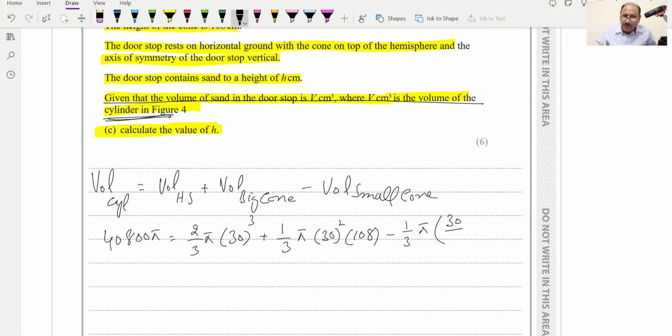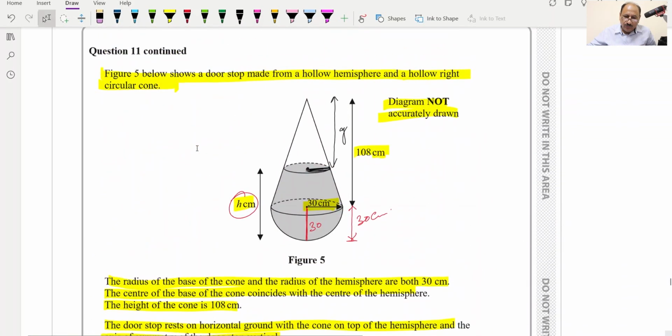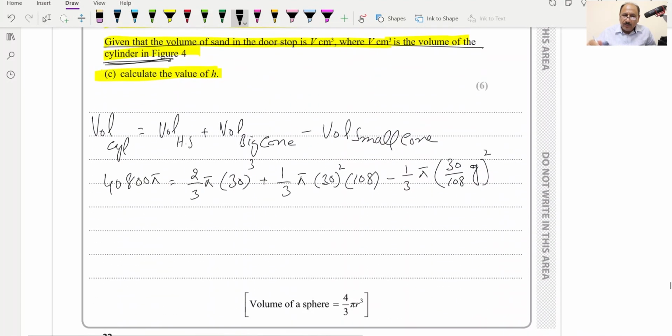R will be 30 over 108 times g, squared, g is the value we know, the height of the smaller cone, and multiply by height, which is g, and this will be the equation.